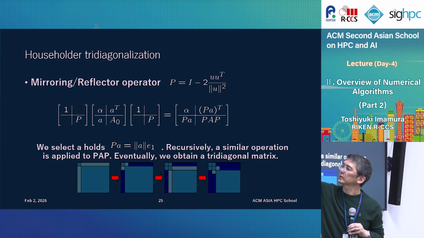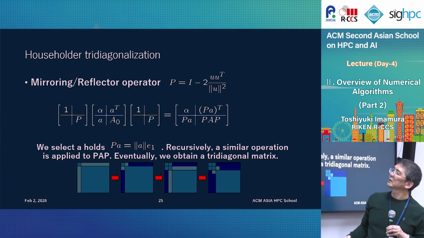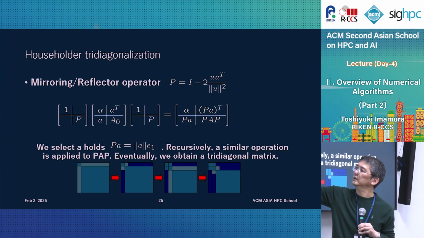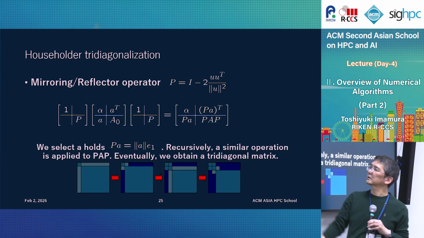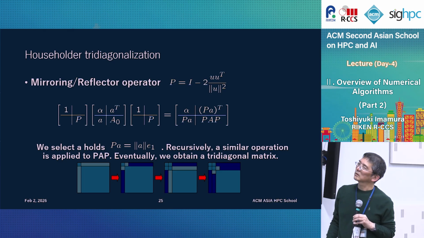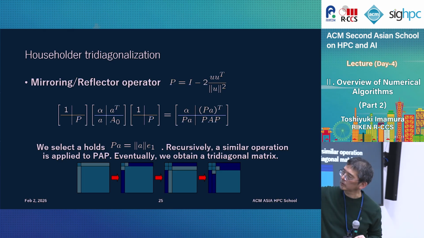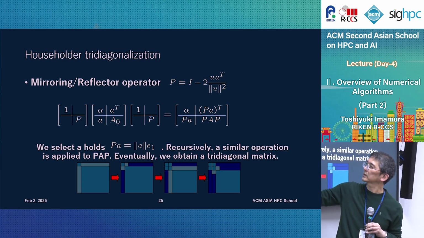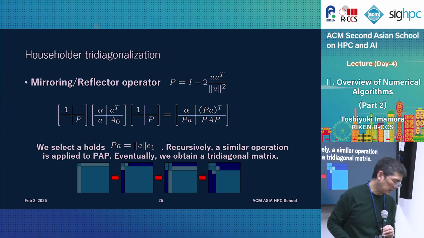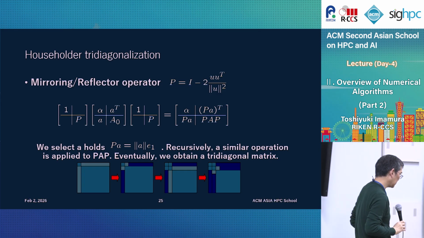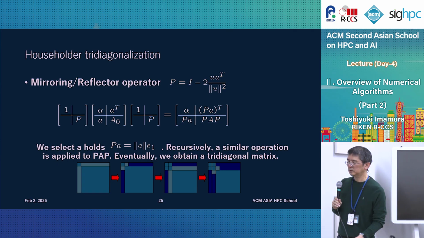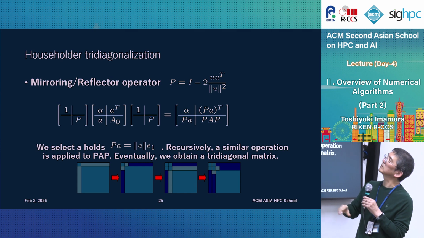If we choose the matrix P, it projects or mirrors the vector A onto this matrix. The image is like this. If we have a vector A, this A is projected onto this vector. So only the first element is non-zero, and the other elements are 0. We choose such an operation.